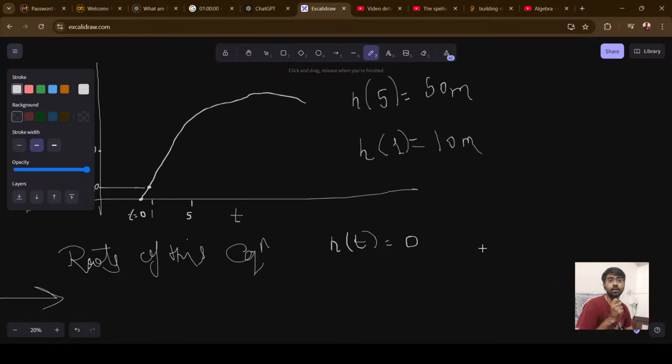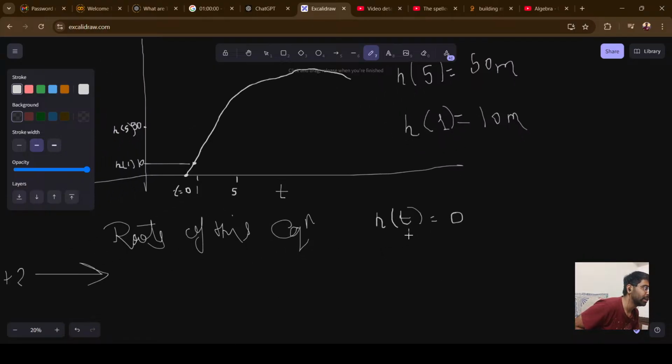Now, with this, I will have a question in my mind: at what time will the ball hit the ground? So in a way we are trying to find the time where the height is equal to 0 meters.